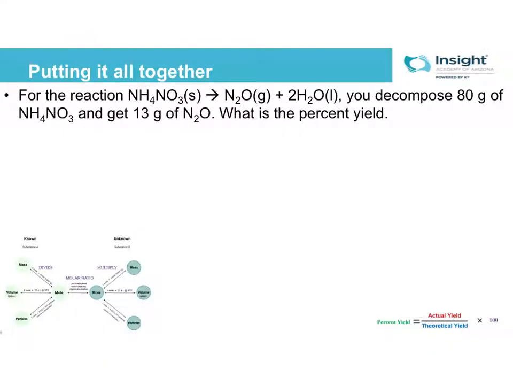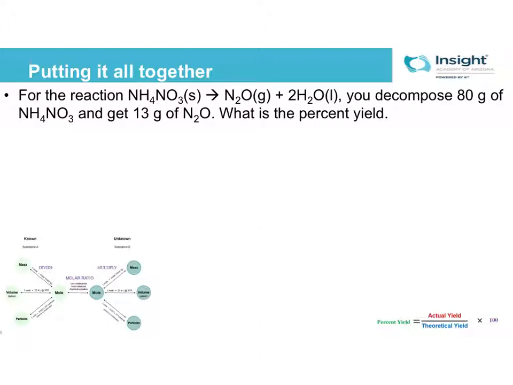And last sort of problem, this one's definitely the longest because you're going to take what we've been talking about, we're going to calculate our theoretical yield, and then we're going to calculate our percent yield. All right, so if you decompose 80 grams of ammonium nitrate and get 13 grams of nitrous oxide, what is the percent yield?